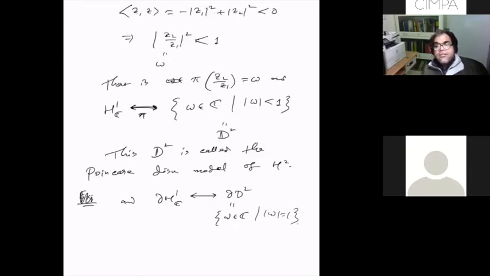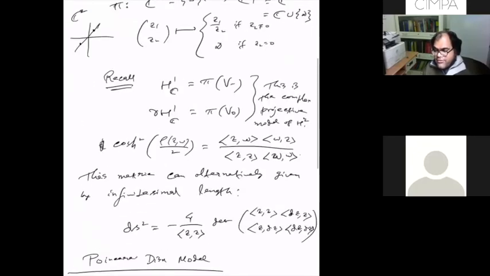Okay, so that means the hyperbolic space that we started with, that you can actually obtain by linear algebra, and then you can identify it with a familiar looking object, which is the unit disk on the complex plane.